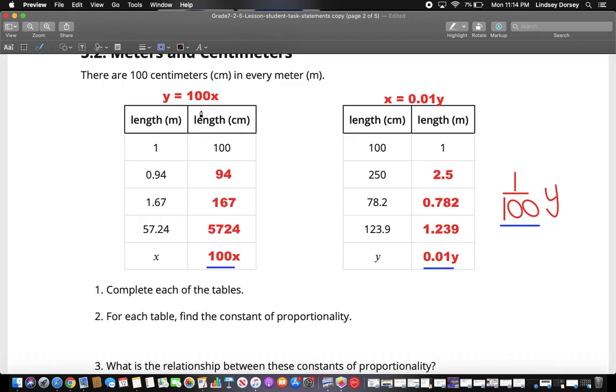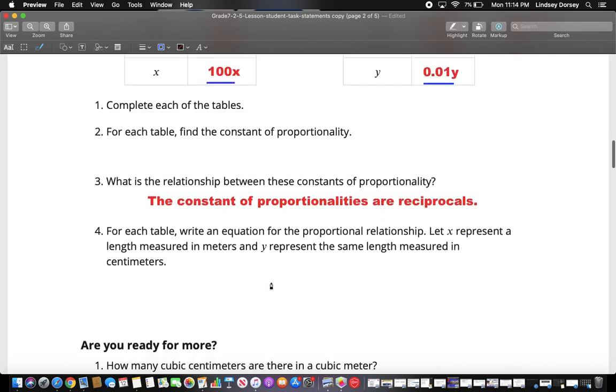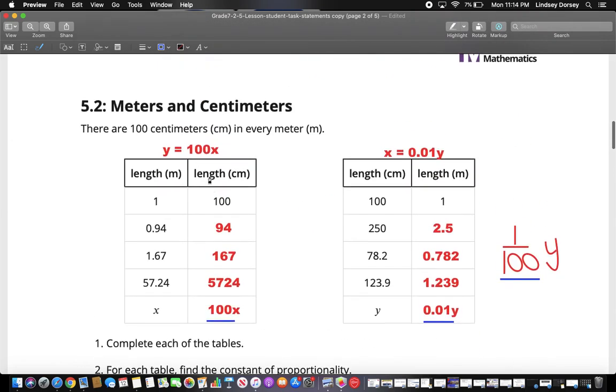So if you notice, when our labels switch sides on the tables, our variables, the x and the y, also switch places, and for our constant of proportionality, we just use the reciprocal. So there's the two equations for each relationship. We know the relationship between meters and centimeters, that 1 meter is 100 centimeters. By writing these two equations, we can determine meters and centimeters regardless of the number that we're given.